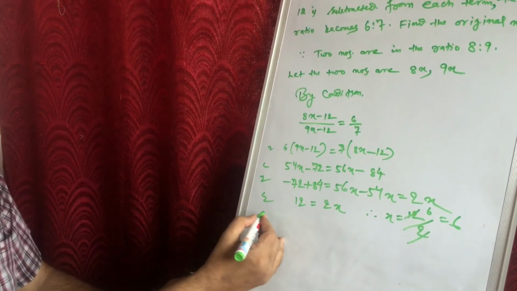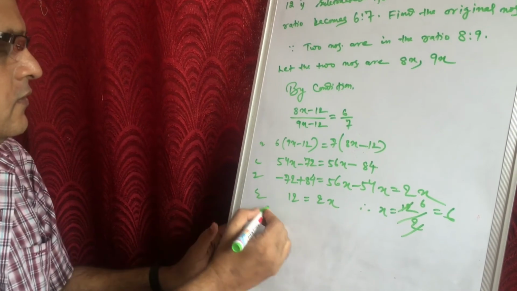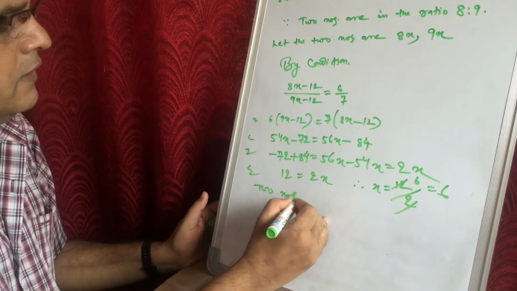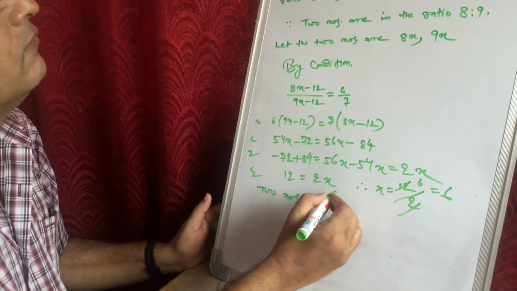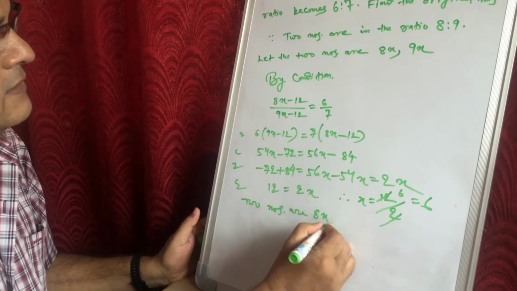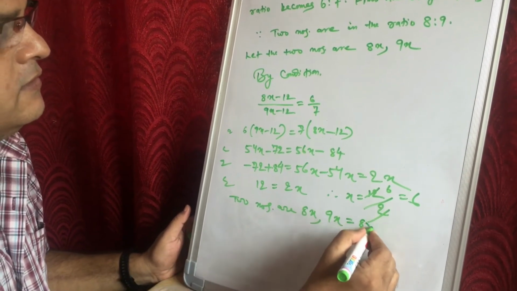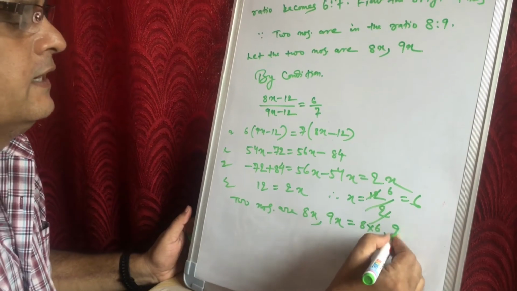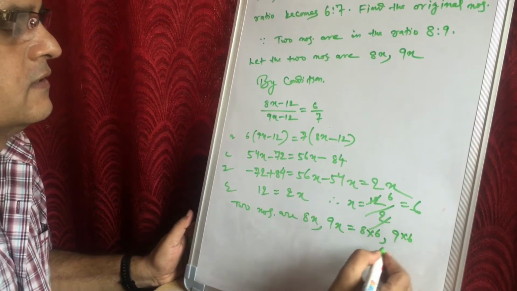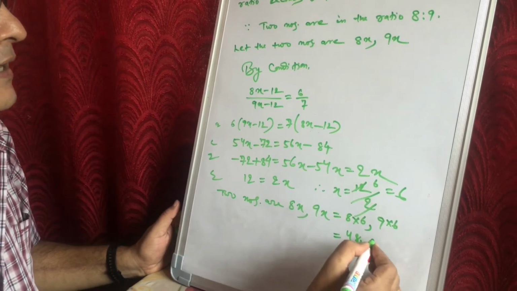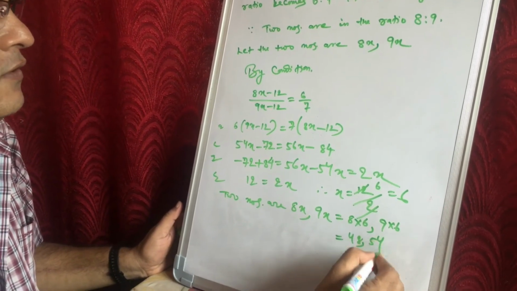So the two numbers are 8x and 9x, which is 8 into 6 and 9 into 6, that is 48 and 54.